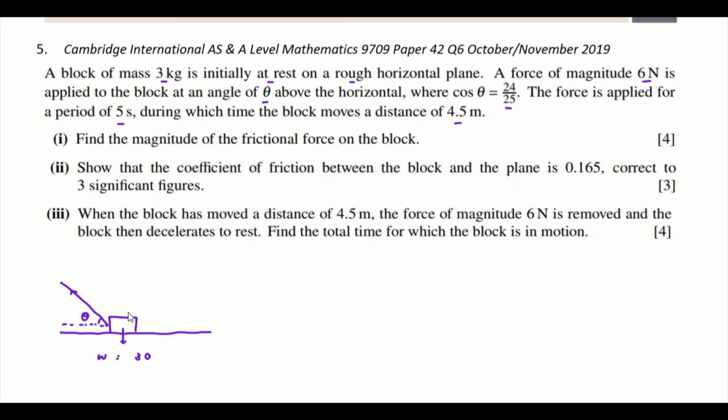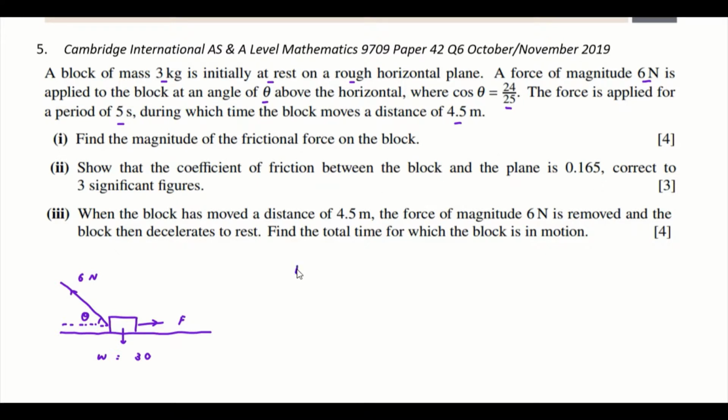So later we can solve that. This is a force of 6 Newton. It's a rough surface, so that's why we have friction. Oops, I'm sorry, wrong direction. It's a pull, so the friction is moving over here. So we have the friction.